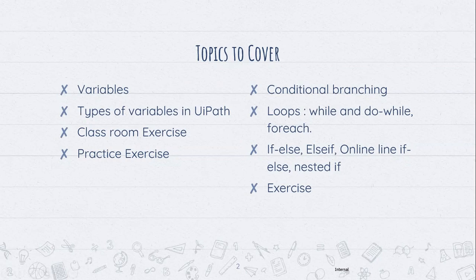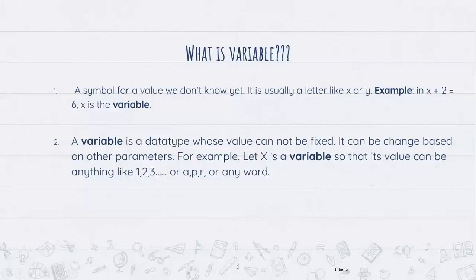What is a variable? A variable is nothing but a symbol for a value we don't know yet. It's usually a letter like x or y, like x plus 2 is equal to 6. So a variable is a data type whose value cannot be fixed.